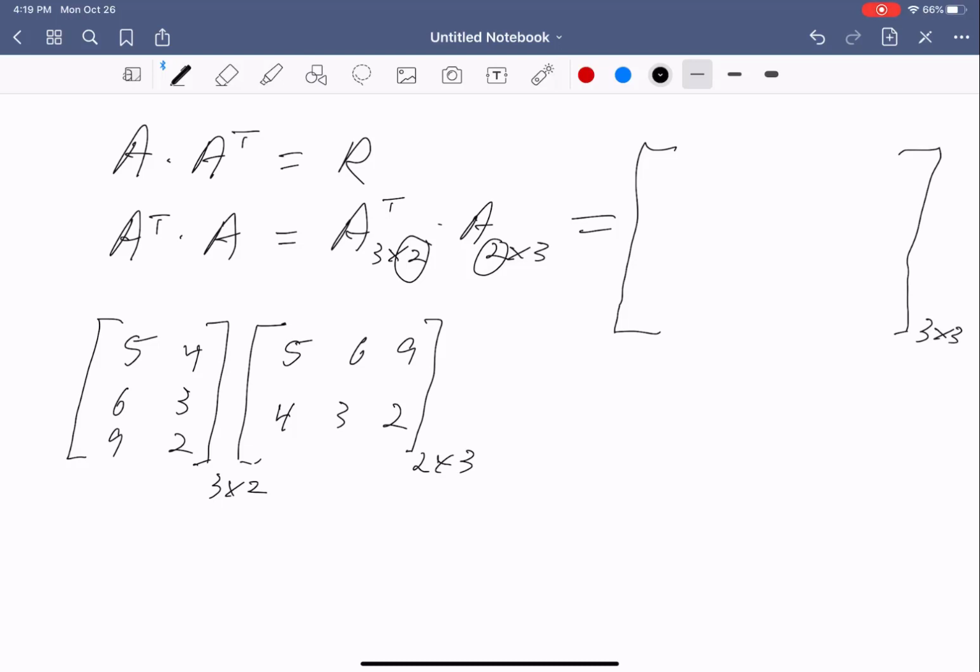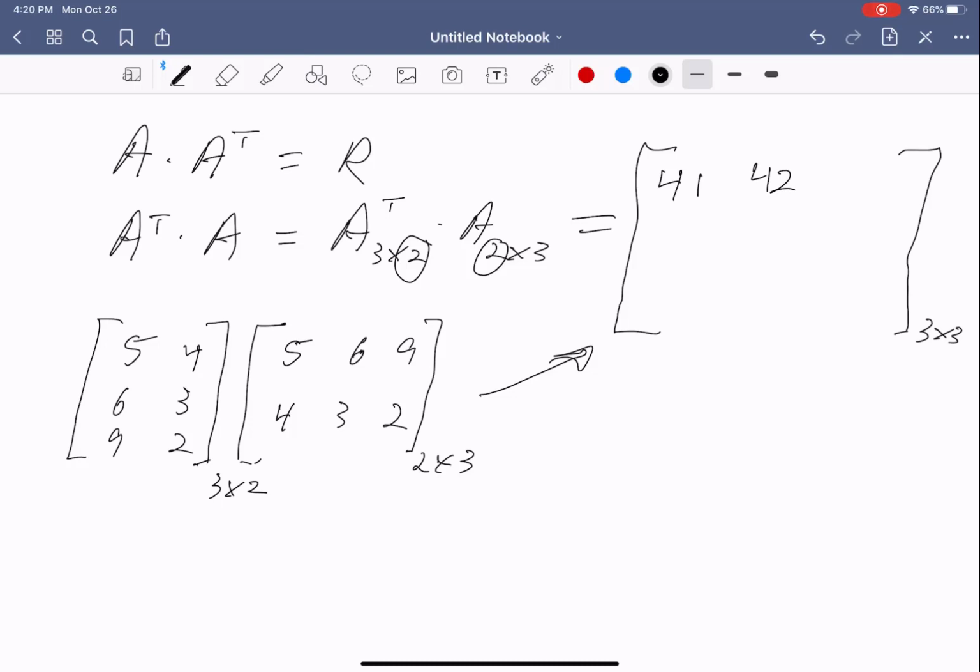So if we fill that in, and we'll do that up here, we first get 5 times 5 is 25, plus 16 is 41. Then we get 5 times 6 is 30, plus 4 times 3 is 12, plus 30 is 42.